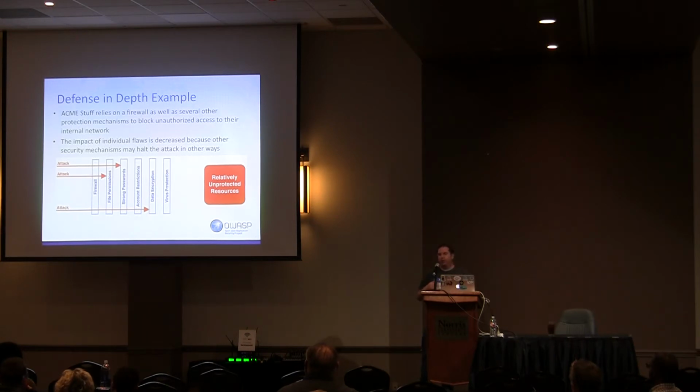Now what we've done is we've made it so that if we have an attack against our web application, firewall gone, right? That was our first example. But now there are file permissions in the way. And that might stop some of the attackers. But maybe some of the attackers get through. Maybe they figure out another vulnerability, another way to do that. And oftentimes attackers are going to chain multiple different attacks together. So they figure out how to get past them. They get to strong passwords.